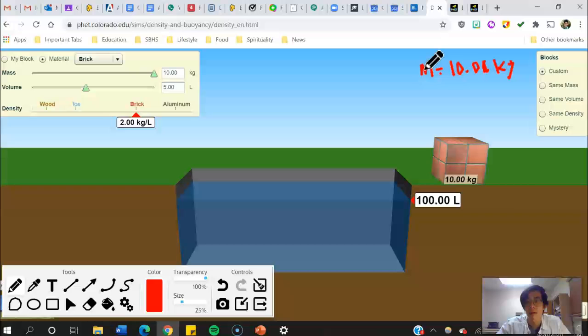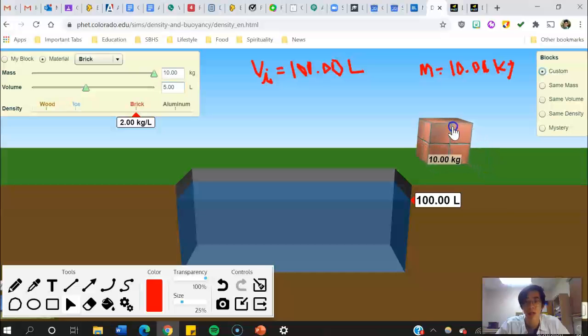Okay, and then the volume right here, I'm going to say that the initial volume, I'm going to call it VI, is 100 liters. Okay, so now check out what's going to happen when I get this rock, or this brick, and I'm going to put it in the water like that.